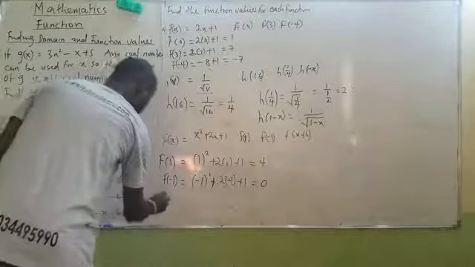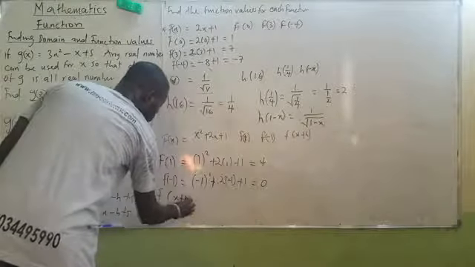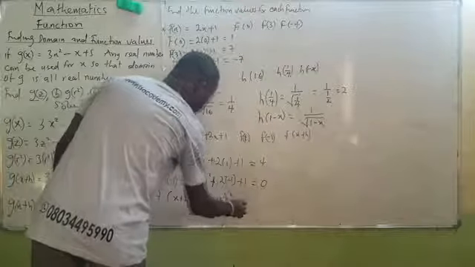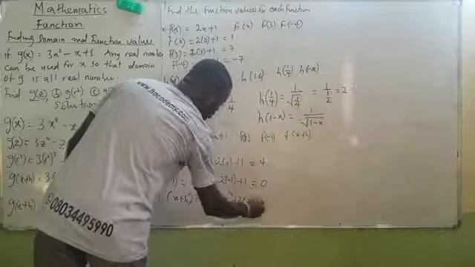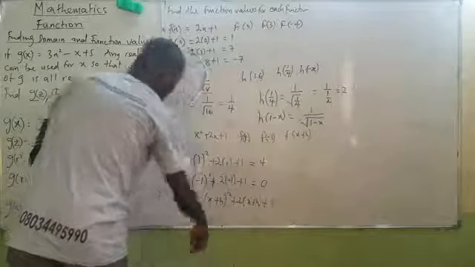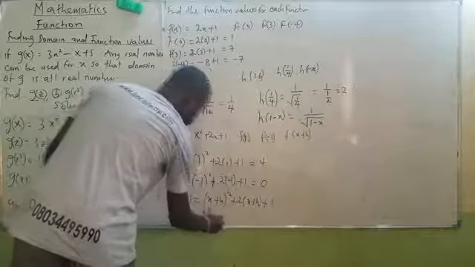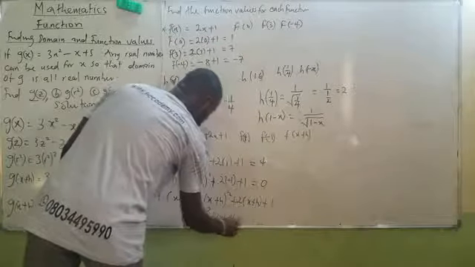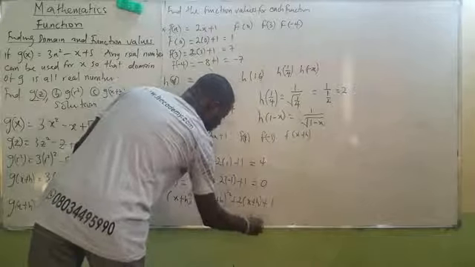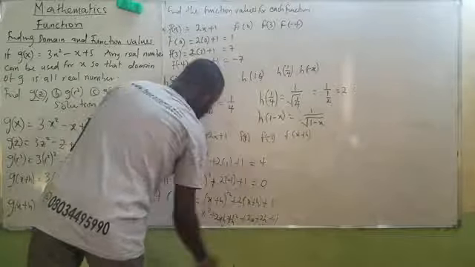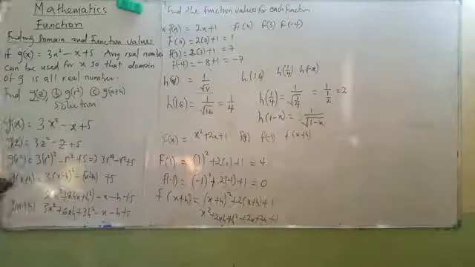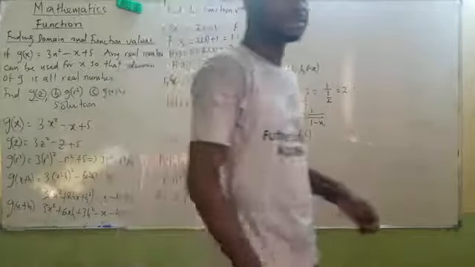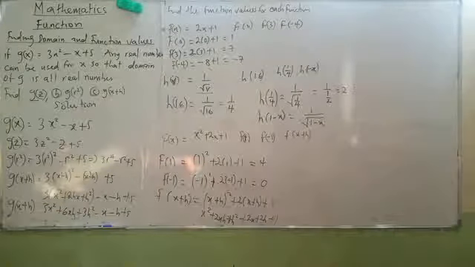My f of x plus h will just be equal to x plus h all squared plus 2 bracket of x plus h plus 1, which I can now expand: x squared plus 2xh plus h squared plus 2x plus 2h plus 1. By now you should understand this very well. You are good to go.